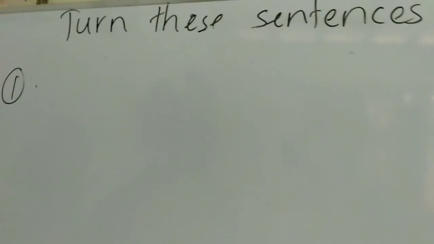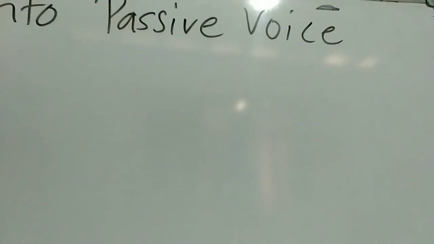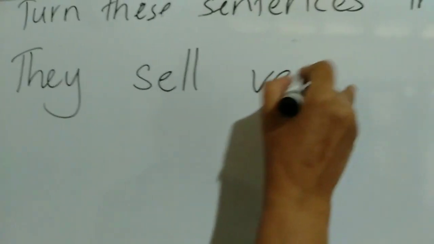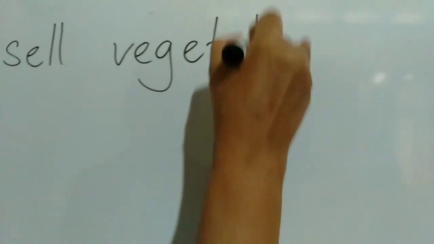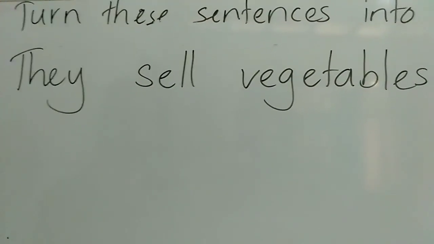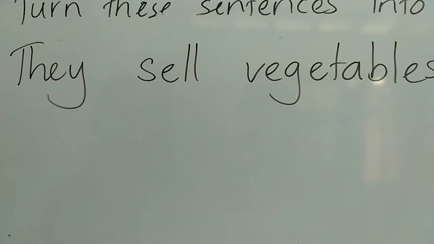Okay children, let's try some sentences turning into passive. Turn these sentences into passive voice, okay? I'll give you one example. They sell vegetables. You can easily find out now the subject, verb, and the object of this sentence.